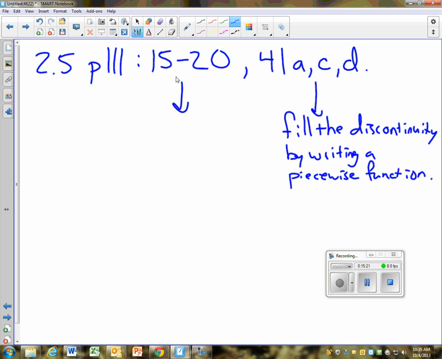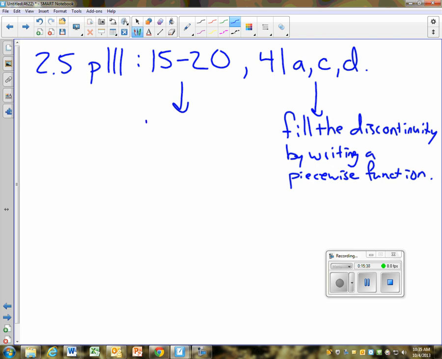Okay, don't get confused with the directions for 41. Please fill the discontinuity by writing a piecewise function. For 15 through 20, those are the parts where you have to state why it's discontinuous.